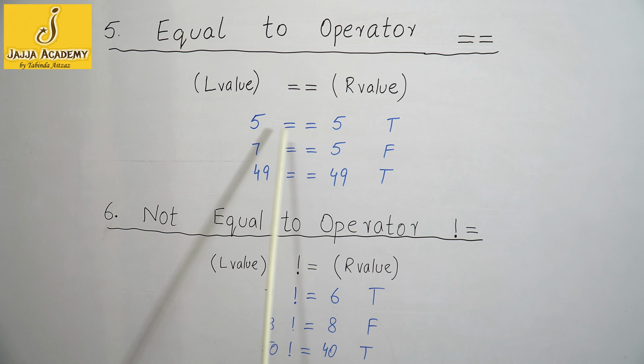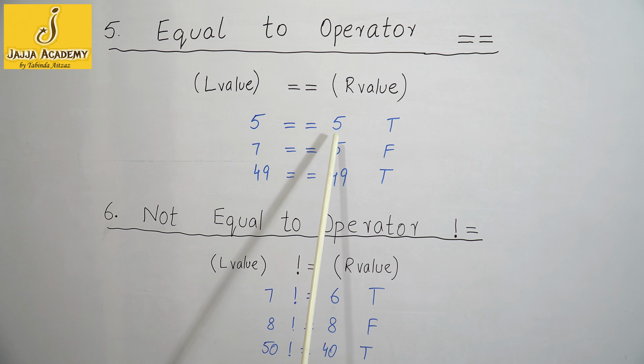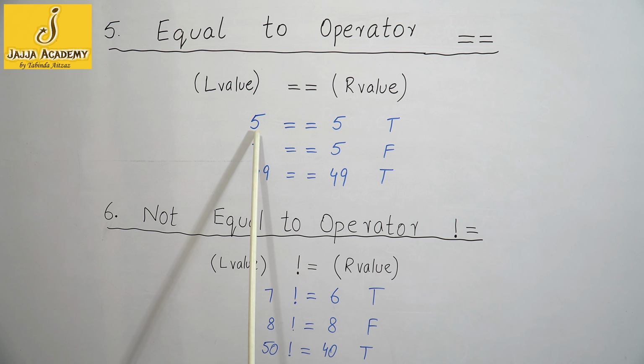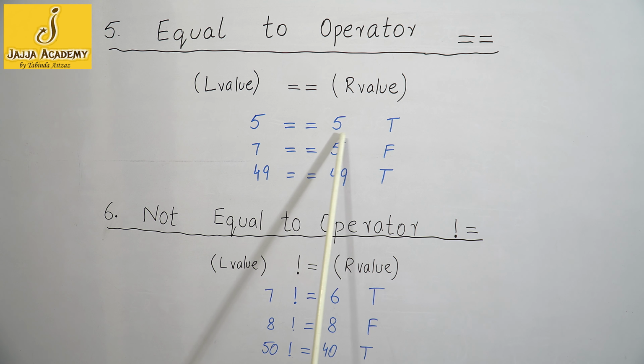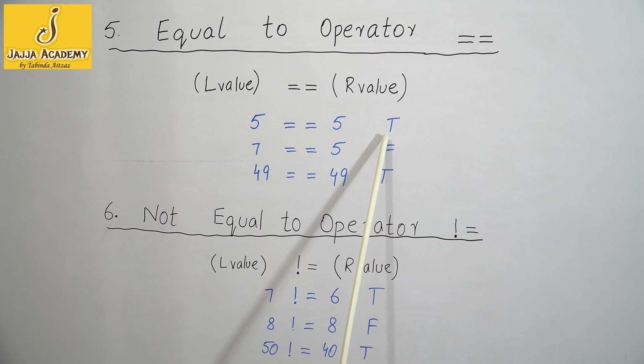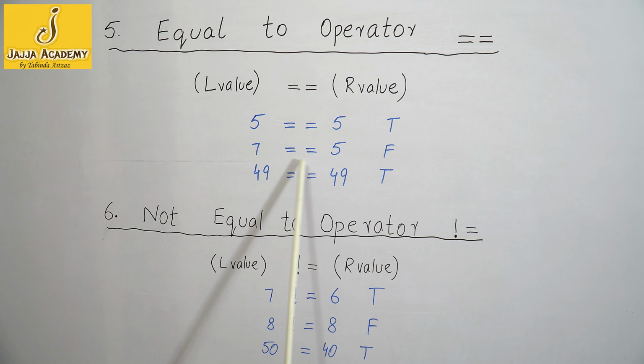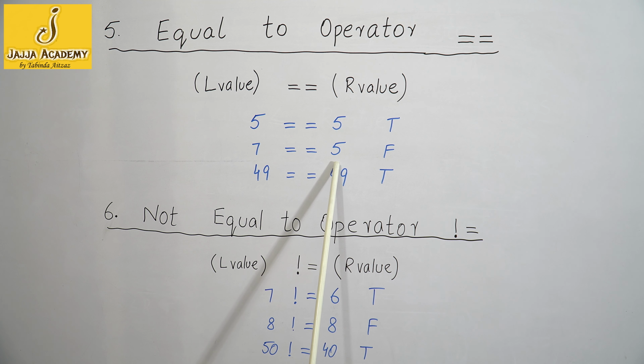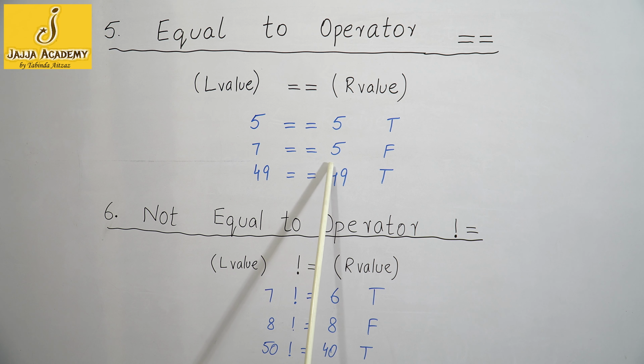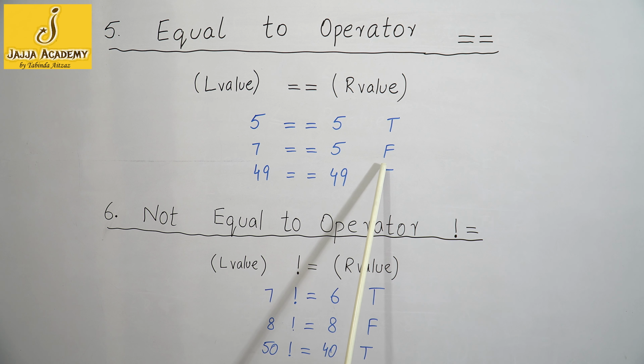For example, 5 is equal to 5. As both sides are equal, it will return true. In the second example, 7 is equal to 5. As both sides are not equal, it will return false.